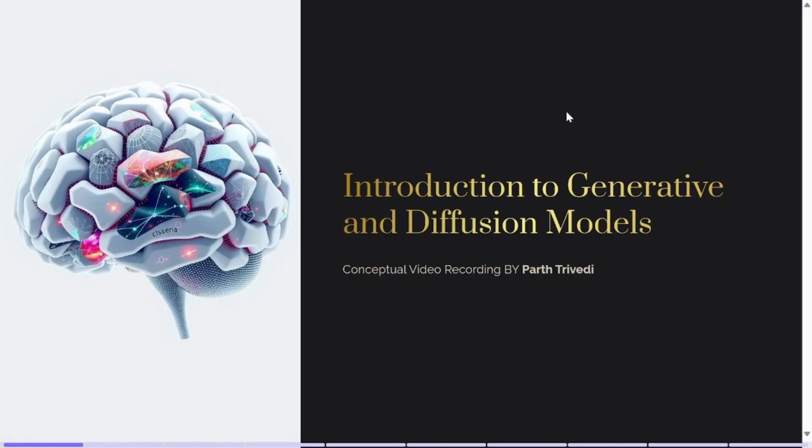These models work by adding noise to data and then learning to reverse the process gradually, creating new samples that look like real data. This approach led to major breakthroughs in AI generation. In this video, we'll simplify this concept and walk through how they work and how they are being used.